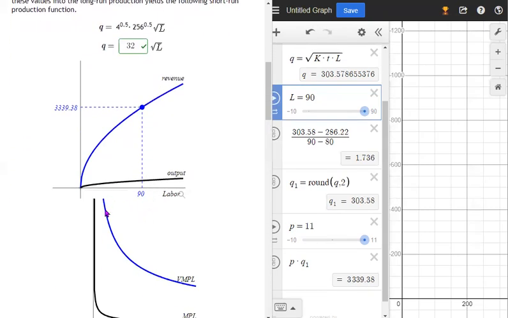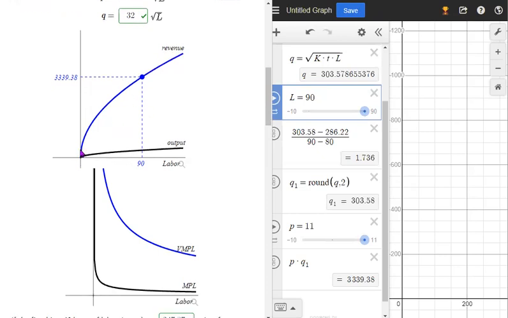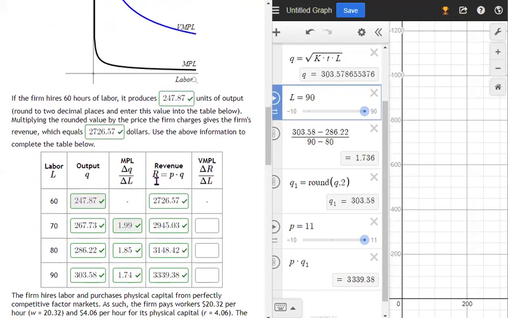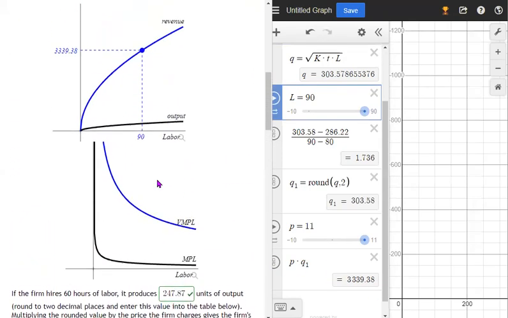Now, the value of marginal product of labor curve represents the slope of this curve at different points, right? So the slope here is going to be very large. The slope out here is going to be closer to 0, and it's going to continue to get closer and closer to 0, right? So this will continue to fall.